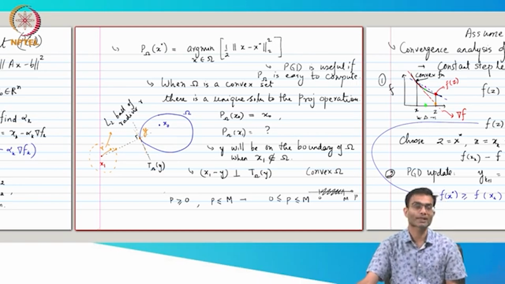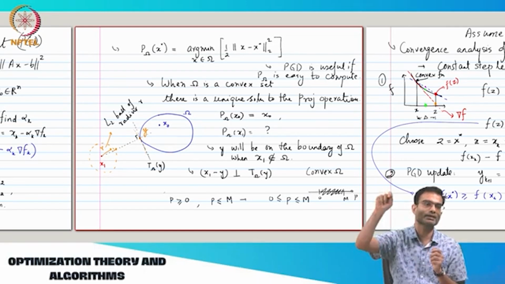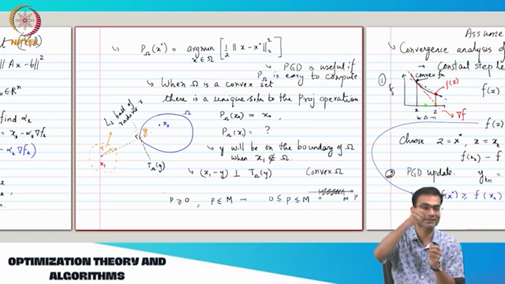No, remember the tangent is defined as the limiting direction. I don't take any zk minus x. I have to take the limit as k tends to infinity.